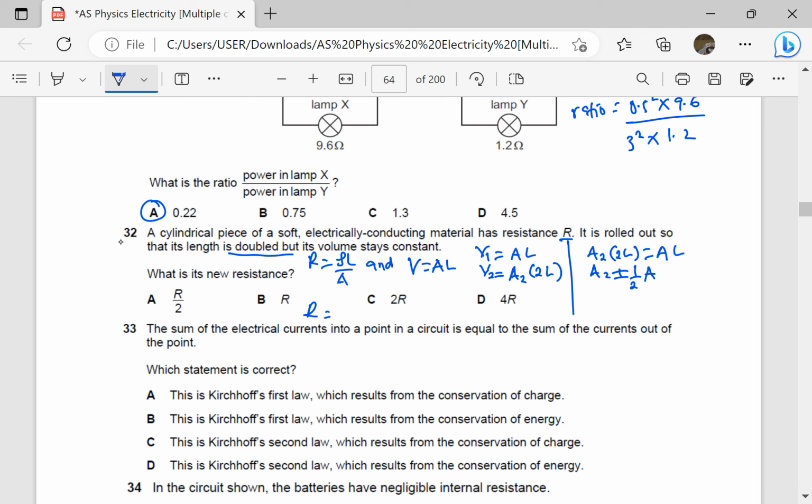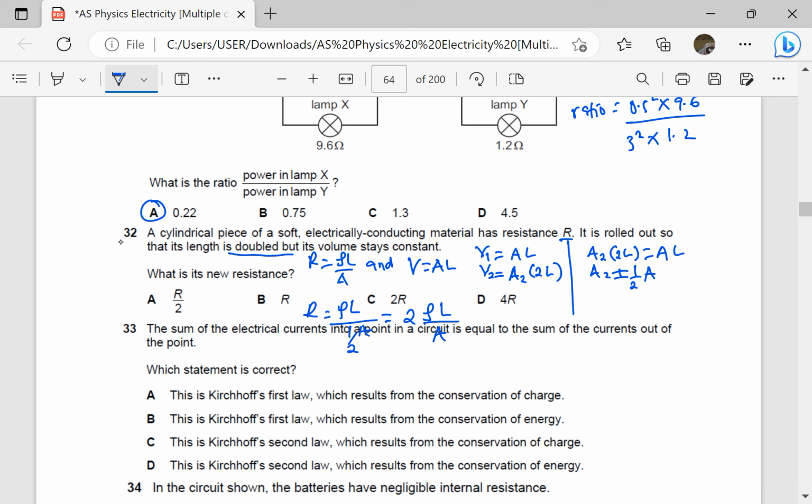So this is going to be rho times L, where there is area I'm going to put a half A. So you notice that it is a half A, not one over 2A. Since it is a half A, the 2 goes up, it becomes twice rho L divided by A, but rho L over A is R, so this becomes simply twice. Is it twice or 4 times?